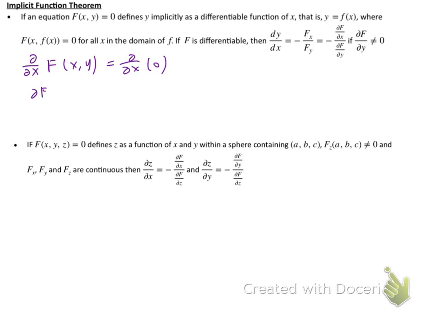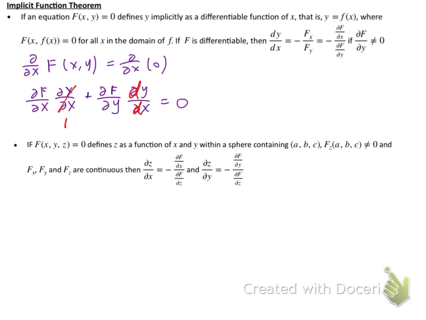You have partial F partial x times partial x partial x, since F depends on two variables, right? Plus partial F partial y times partial y partial x equals 0. Actually, partial x partial x is just 1, and dy dx is just dy dx because y doesn't depend on another variable.